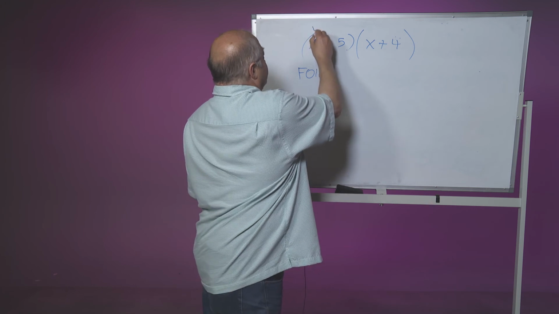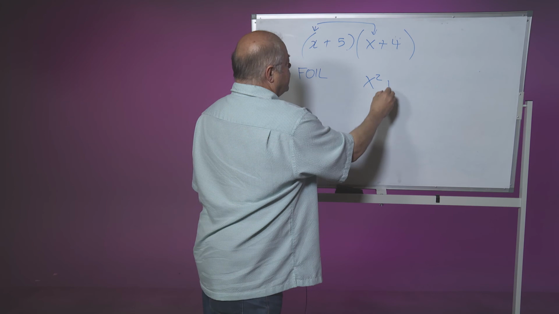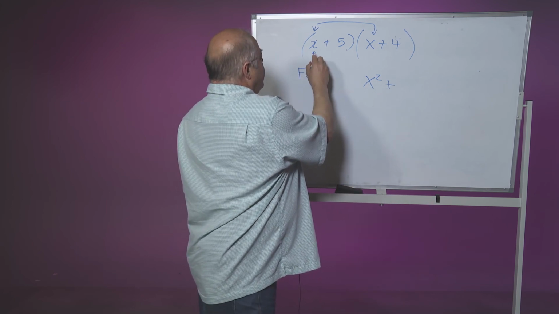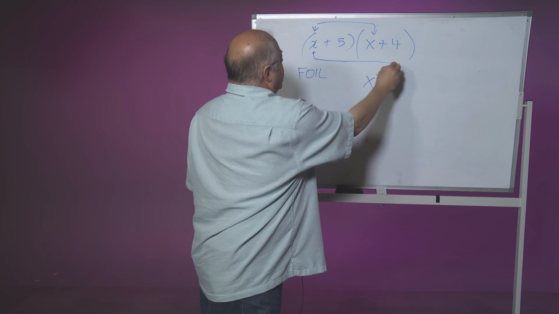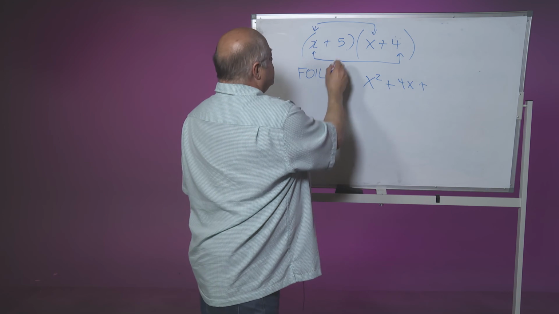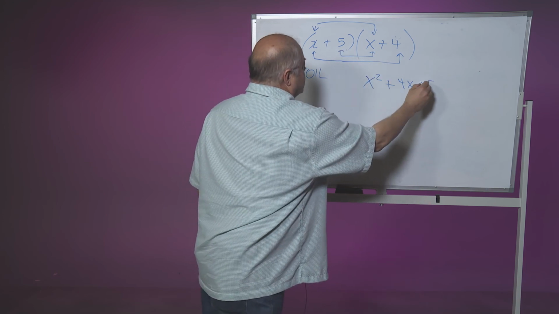So we multiply the first terms, which would be x times x, which is x squared. Then O is the outside term, which would be x times 4, so that would be 4x. And then the inside, which would be 5 times x, which is 5x.